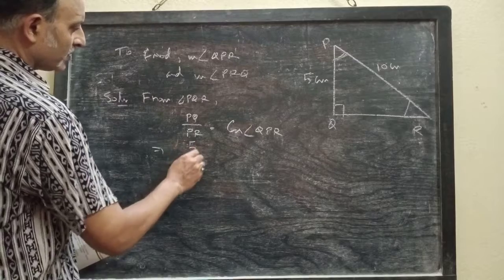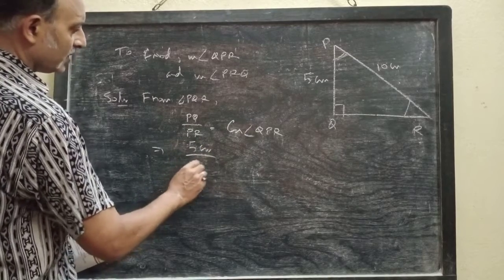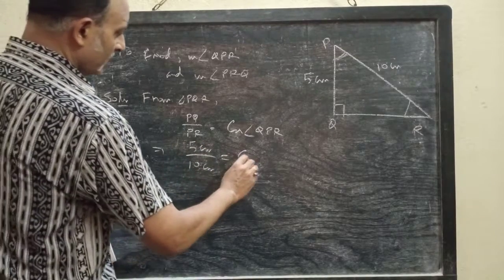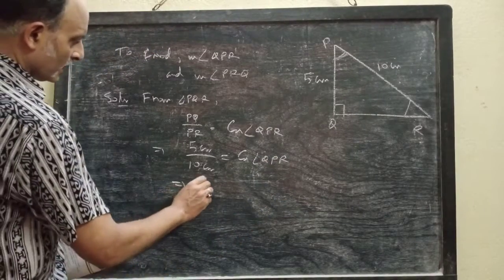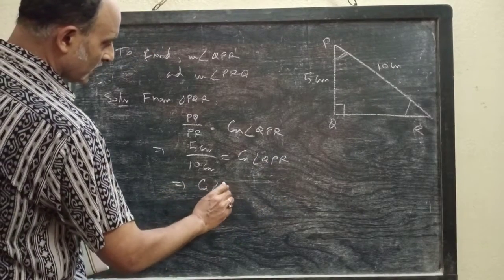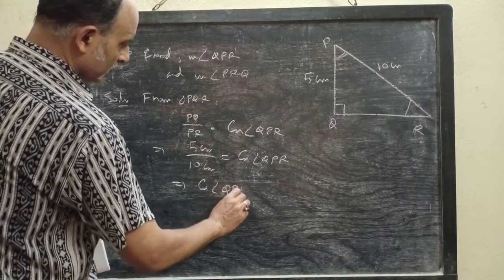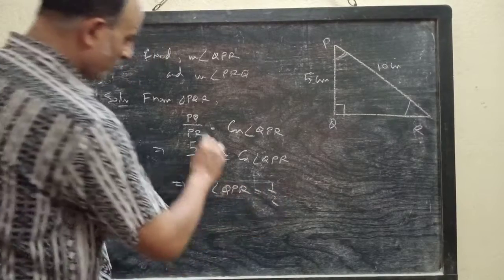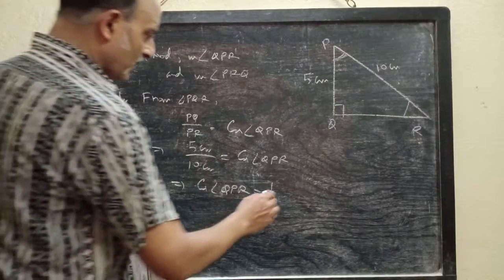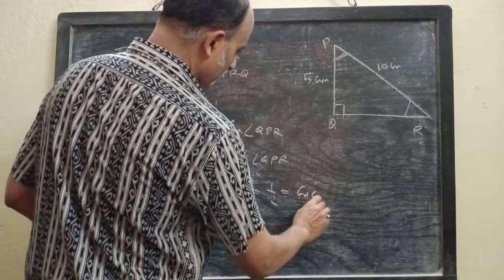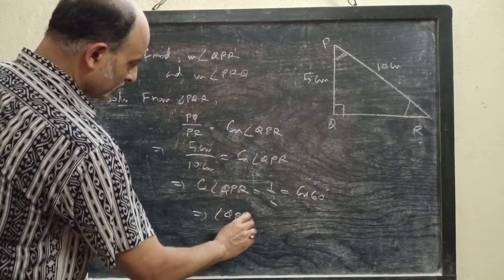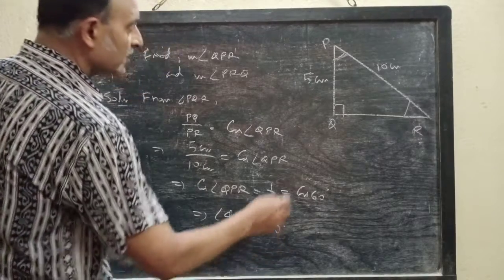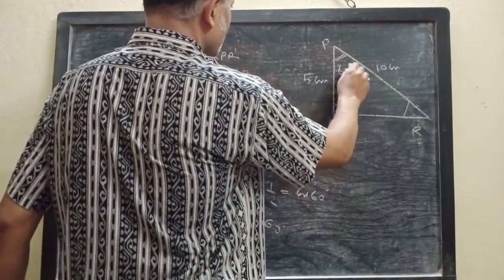PQ is 5 cm and PR is 10 cm, equals cos of angle QPR. That implies cos angle QPR becomes half, because 5 by 10 is half and half is cos of 60 degrees. So we get angle QPR as 60 degrees.